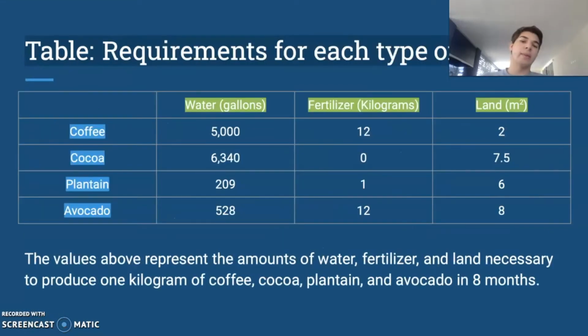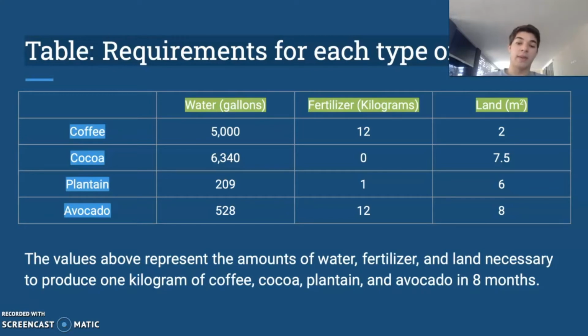Here we have the requirements for each type of crop. For coffee, it needs 5,000 gallons of water, 12 kilograms of fertilizer, and 2 square meters of land. For cocoa, we have 6,340 gallons of water, 0 kilograms of fertilizer, and 7.5 square meters of land. For plantain, we have 209 water gallons, 1 kilogram of fertilizer, and 6 square meters of land.